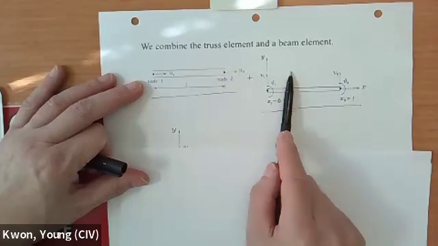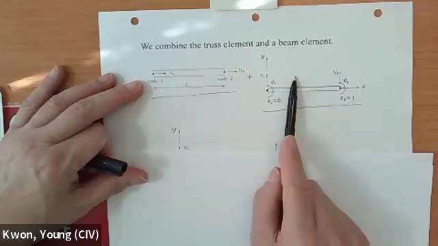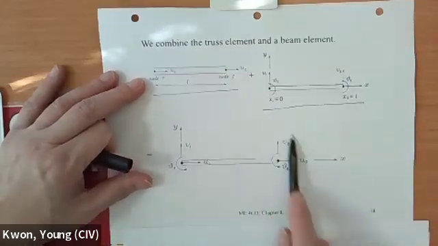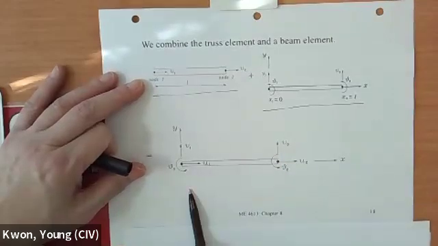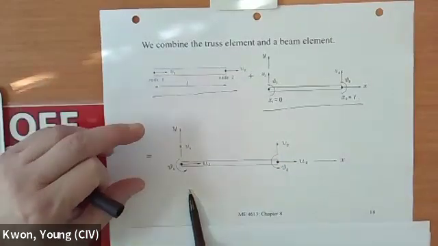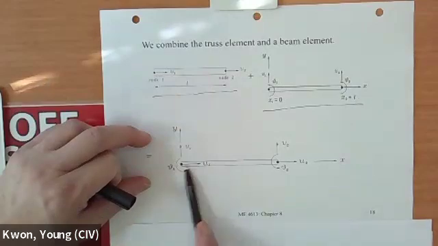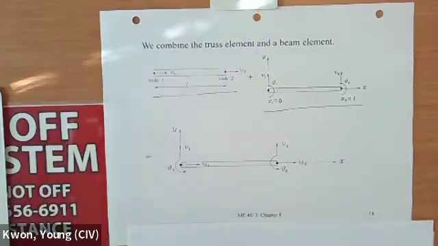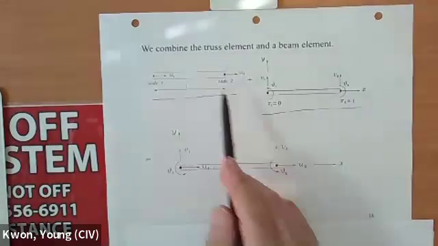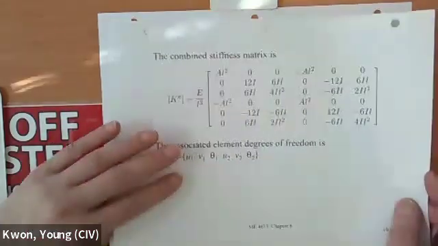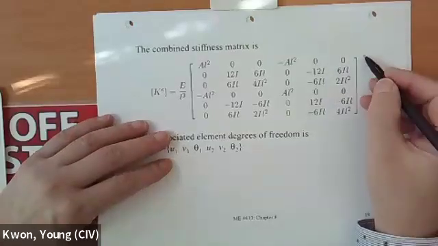So if you put this matrix and that matrix together like that, then that's going to be the frame element, as long as the element is along the horizontal direction. In other words, you simply superimpose this matrix and that matrix on each other, like this.